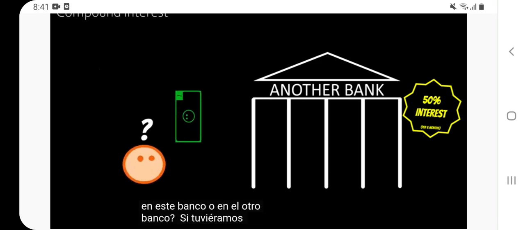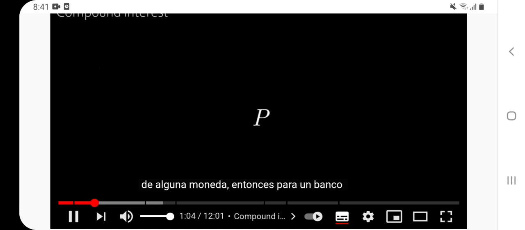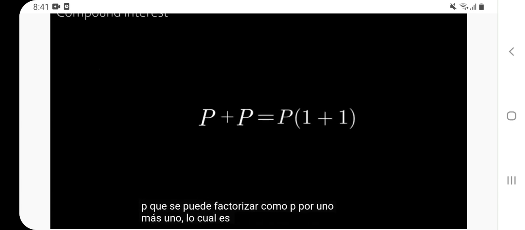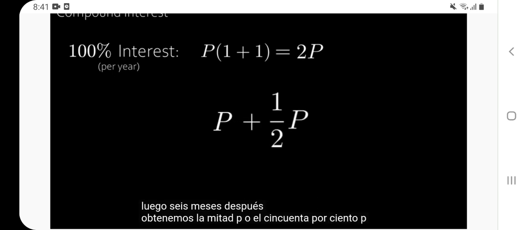Well, let's calculate it. Say you had P amount of some currency. Then for a bank with 100% interest, at the end of the year we would end up with P plus P, which can be factorized as P times (1 plus 1), which is just 2P. Now for a bank that gives 50% interest every 6 months, we start with P, and then 6 months down the line, we get 1/2 P, or 50% of P, more.